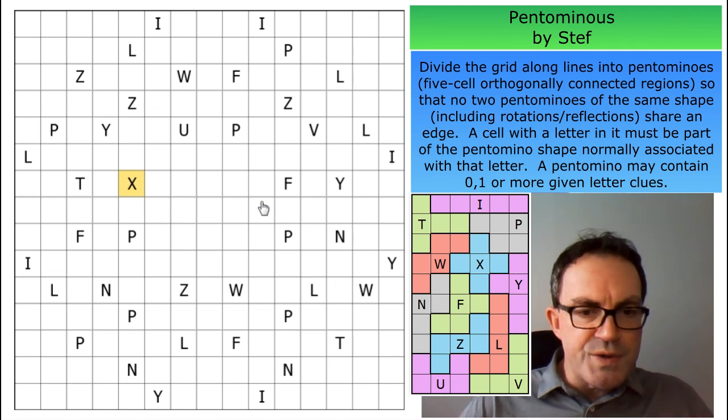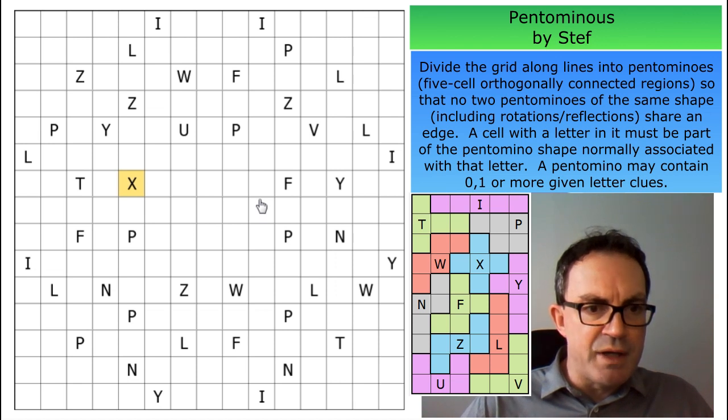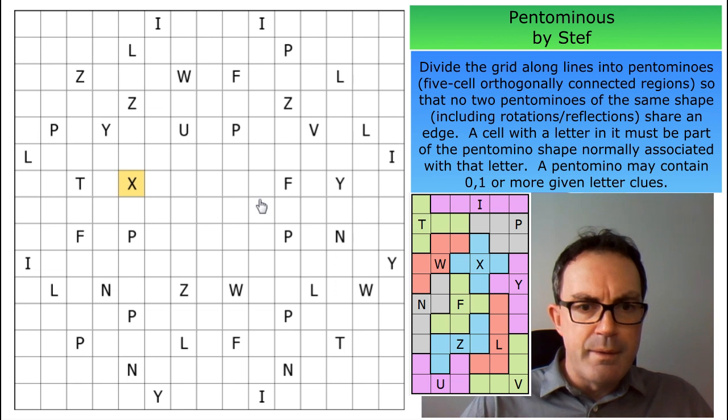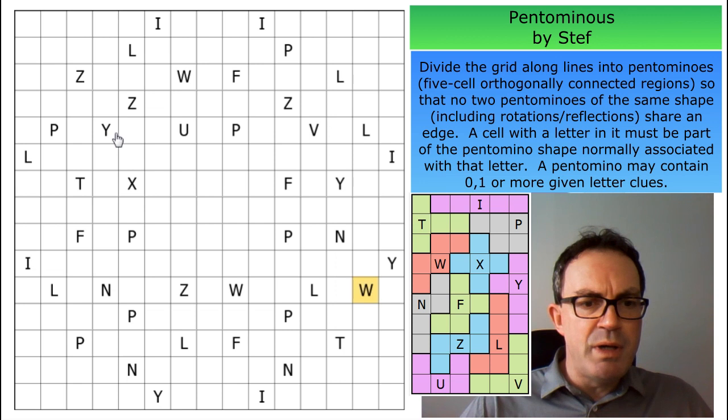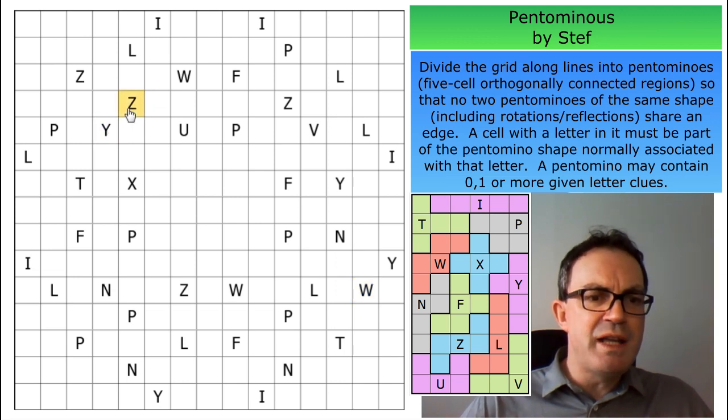Goodness, there are a lot of letters in this diagram. Sorry, what I'm trying to do is to just stare at this and pick off. W is often quite difficult, but the problem is these pentomino letters are not packed particularly closely. And even when they are close together, there's so much space on both sides.